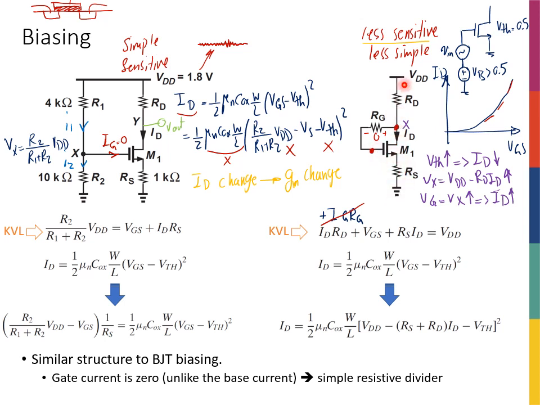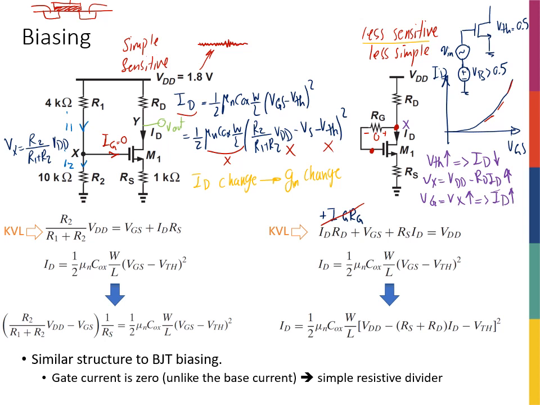And this change is going to be the opposite of the initial change, because the moment ID increases, the gate voltage decreases, therefore ID decreases. The moment ID decreases, the gate voltage increases and brings the ID back to the original value. So this is the nice thing about this circuit, which makes it quite interesting because it's very insensitive to any kind of random variations, and we like it for that.